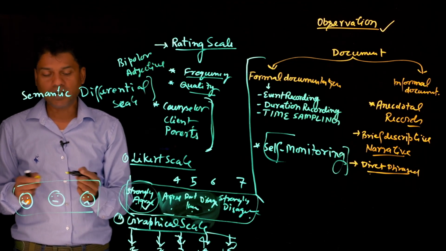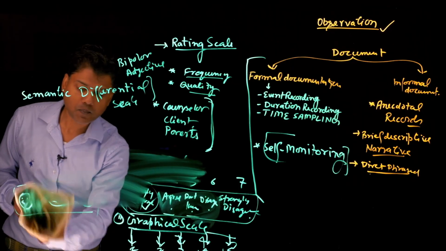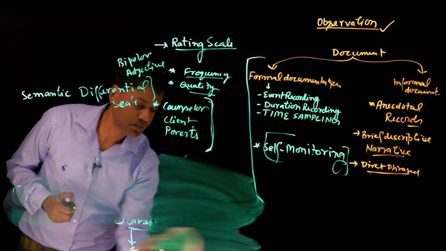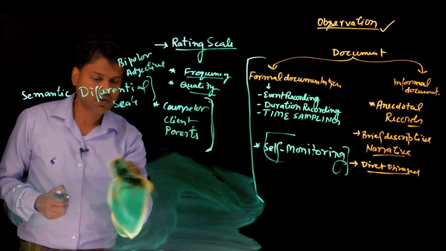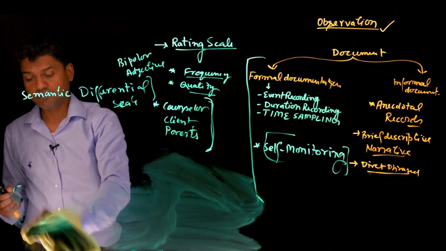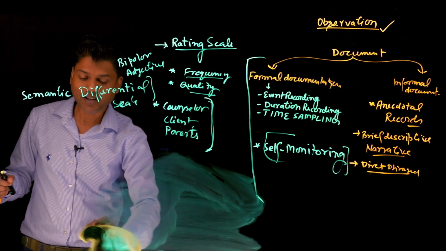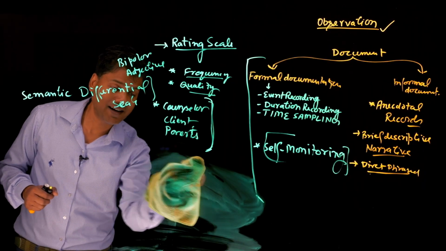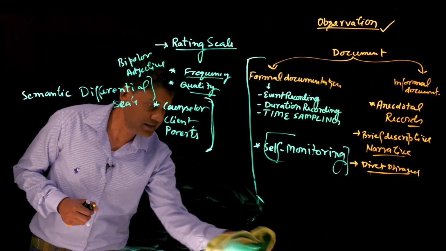So let's see how it might look. It has two adjectives on a bipolar, meaning that one is on one spectrum, and the other is just the opposite of what that adjective represents. So let's see an example here.